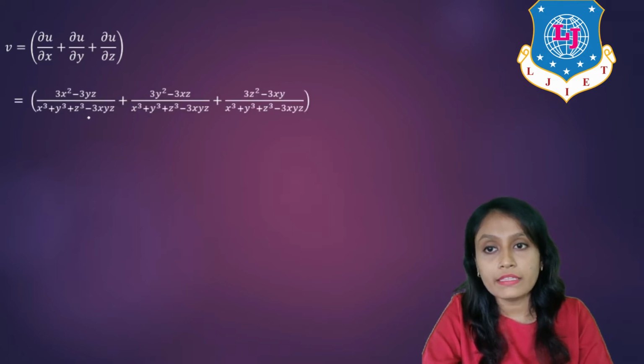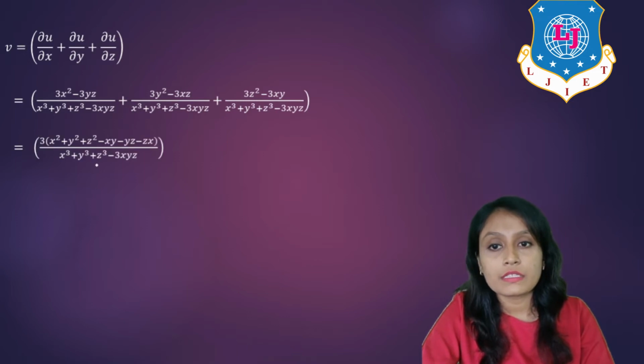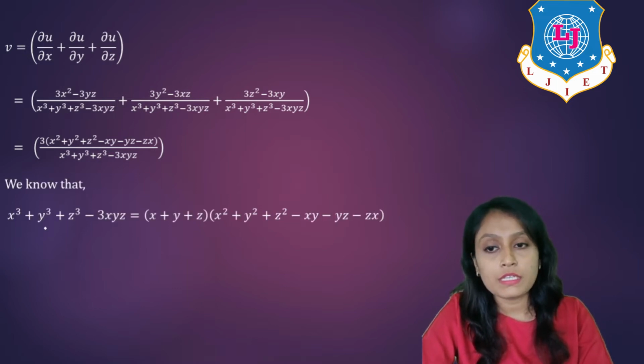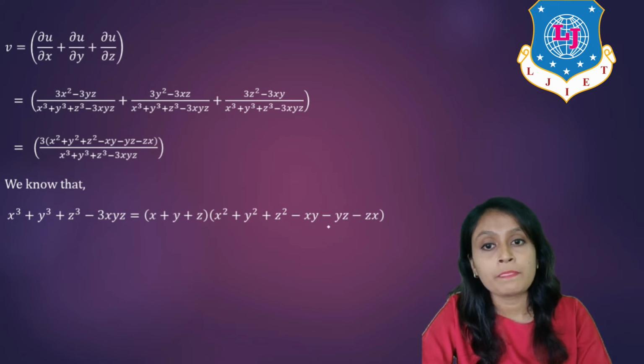Okay, next we will add them. So v is equal to del u by del x plus del u by del y plus del u by del z. So add them, and you will get these three terms. Now the denominator is common, so the denominator is written once, and 3 is taken common from the numerator. Now we know the formula of x cube plus y cube plus z cube minus 3xyz: it is (x plus y plus z) into (x square plus y square plus z square minus xy minus yz minus zx).